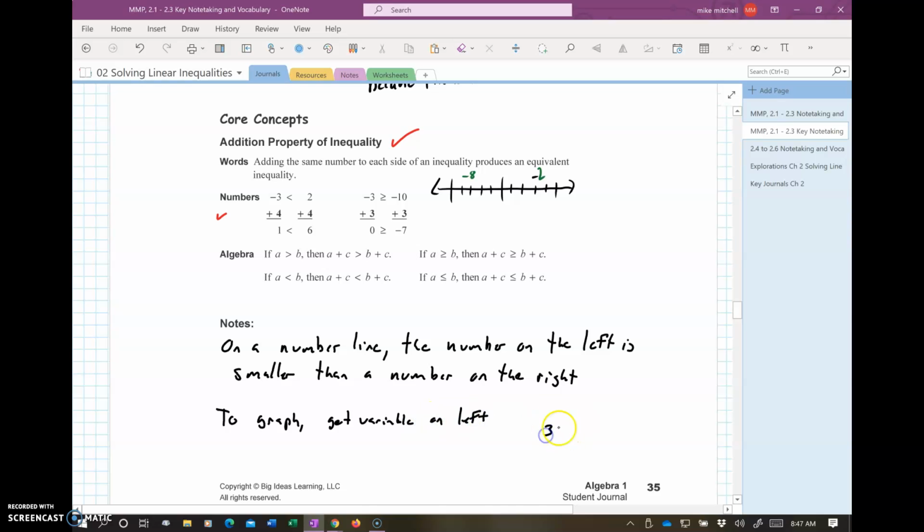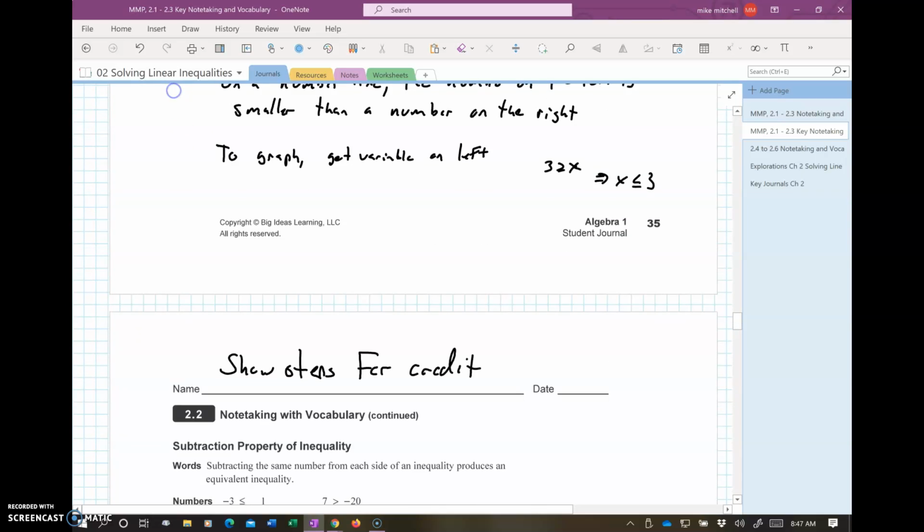Remember, so if you get 3 greater than or equal to x, we just flip that around into x less than or equal to 3, because that way the inequality is pointing in the way of our arrow.